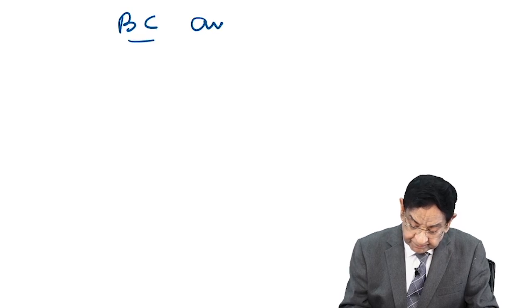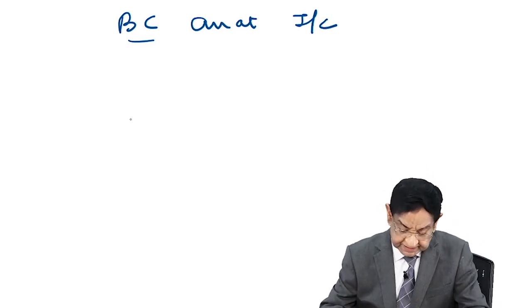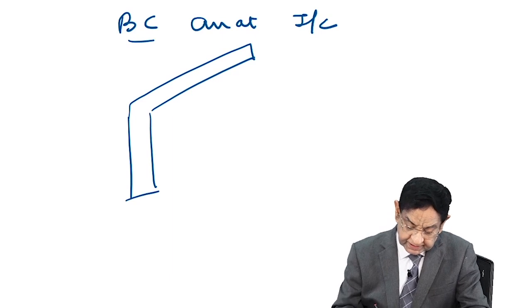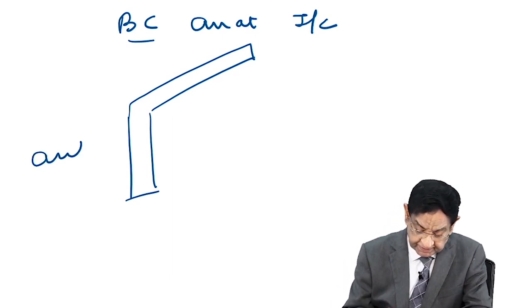For that, let's revise the basic concept about the anatomy of the internal capsule. We all know very well, in the internal capsule we have an anterior limb and a posterior limb.